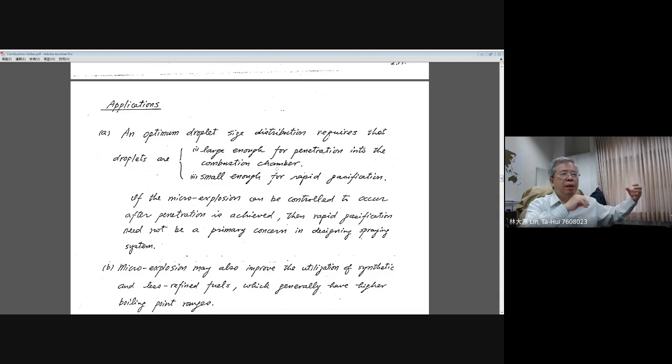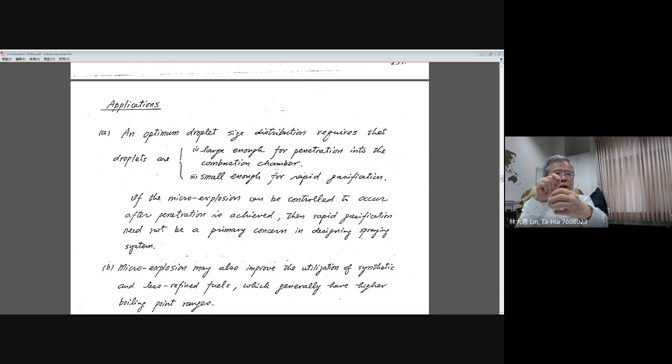Then you think about it. Initially, you may have a large droplet, right? And this droplet can have some large momentum to move on its own to a longer distance, maybe at the center and the major heating area of your combustion chamber. Now, the droplet size is still large enough, but it has already experienced certain heating.